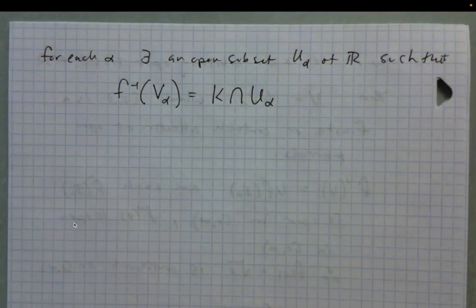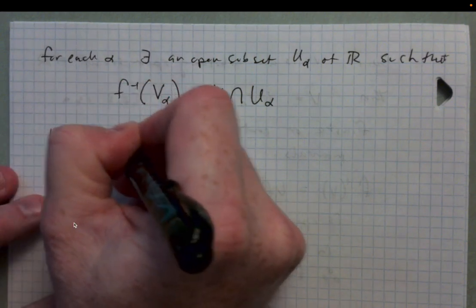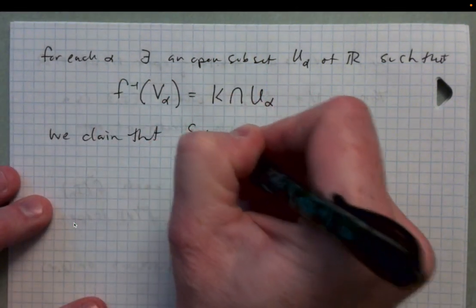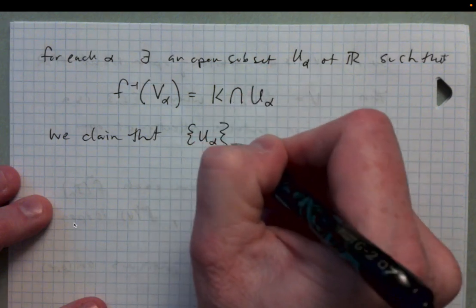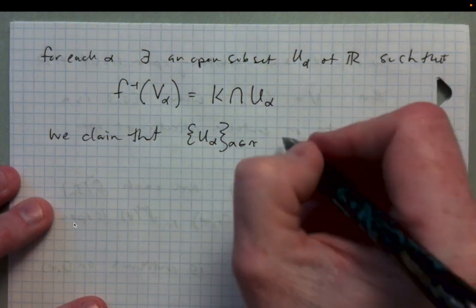This is the same concept that we referenced in the last example. Okay. And so we claim that U alpha, alpha in A, is an open cover of K.